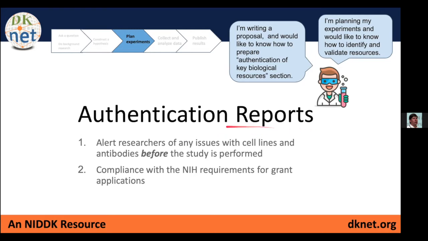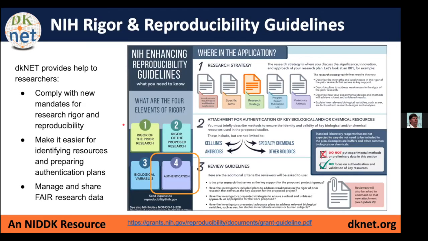When you're submitting proposals around your new study, one of the things that you'll have to deal with are authentication reports, and really this is tied into NIH's rigor and reproducibility guidelines. So NIH is really pushing researchers to follow guidelines to ensure that their research is rigorous and more reproducible.